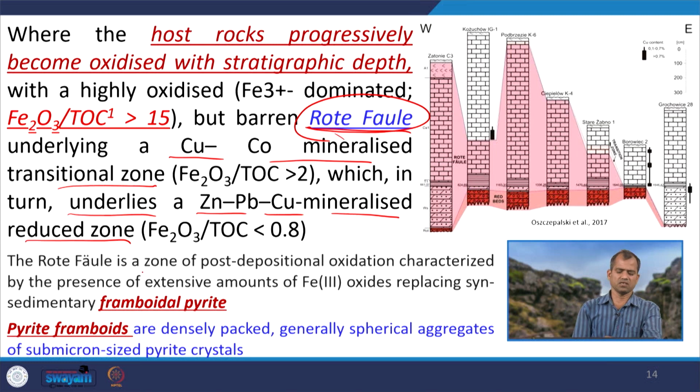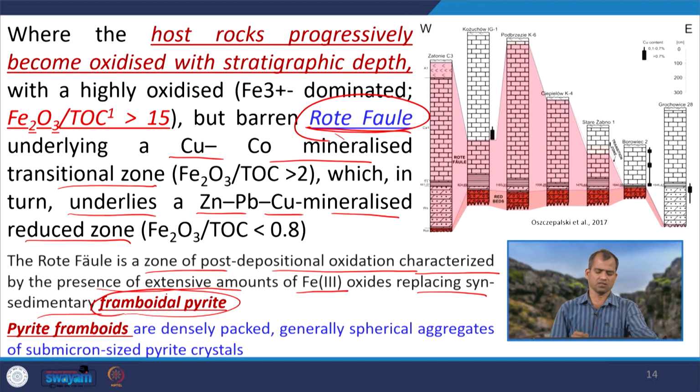Rote Fäule is a zone of post-depositional oxidation. That oxidation is characterized by the presence of an extensive amount of Fe3 oxides replacing syn-sedimentary framboidal pyrite. This pink color is called the Rote Fäule zone. After deposition it is getting oxidized.